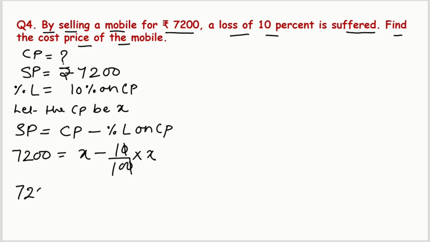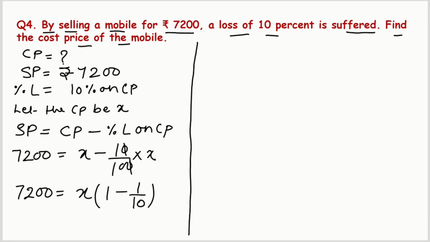So 7200 equals X, we will take common. So here we will be left with 1 minus 1 over 10. Now after solving this bracket, we will get X times 9 over 10. Transpose this value to the other side.